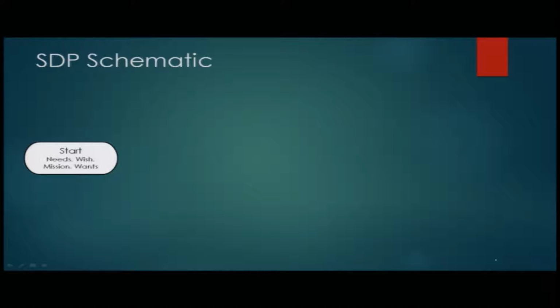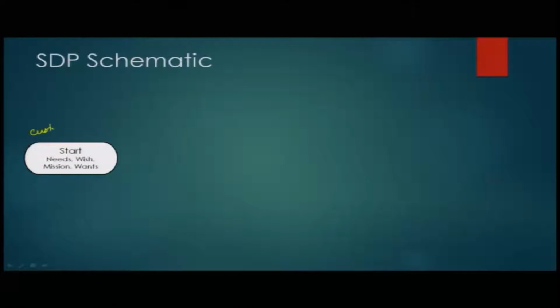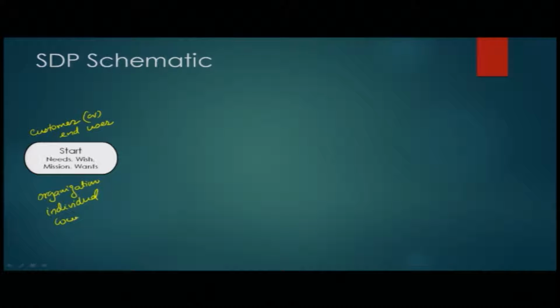The schematic always starts with the needs, wishes, missions, wants, etc. This is the starting point. Somewhere some needs have been established. Who establishes this? Initially, let us call this a customer or an end user. It could be anybody: an organization, an individual, a country, many things.